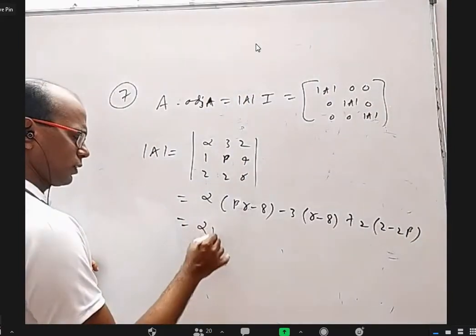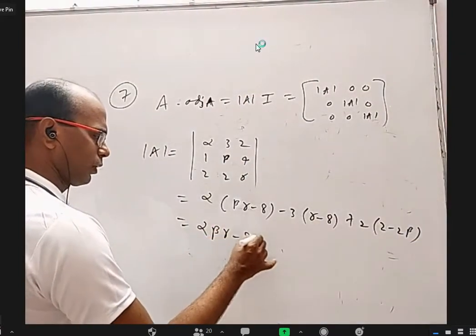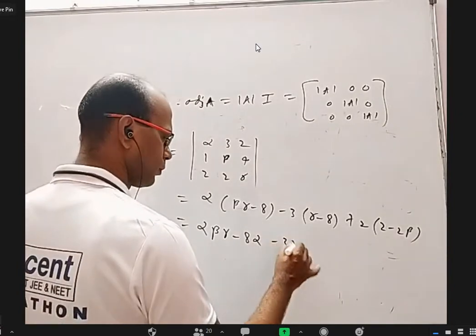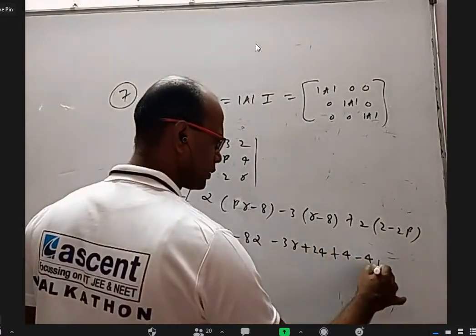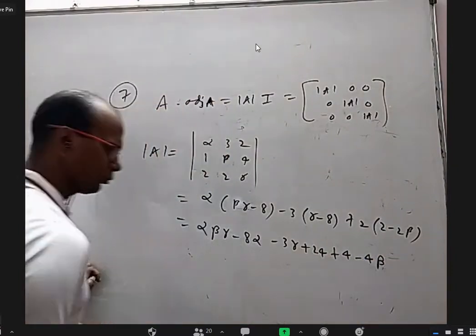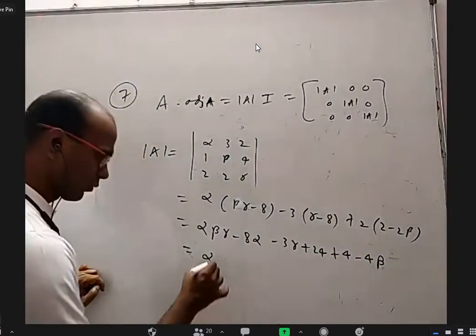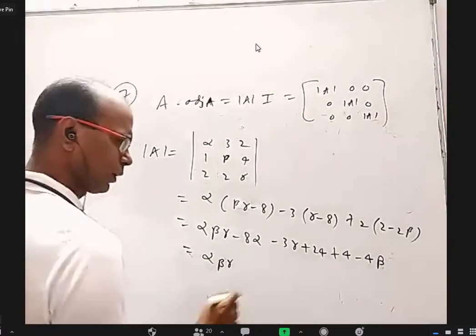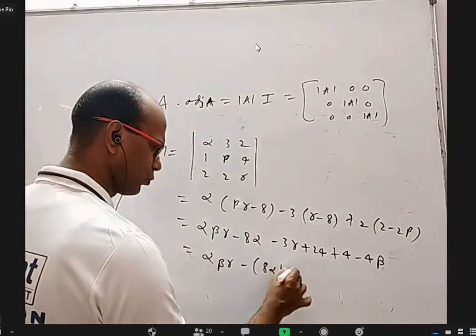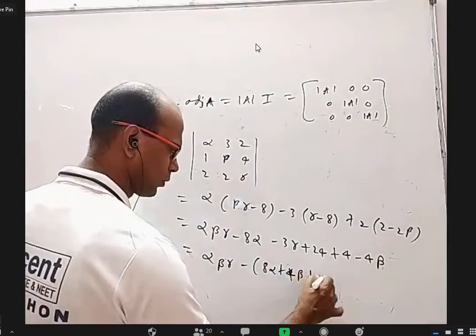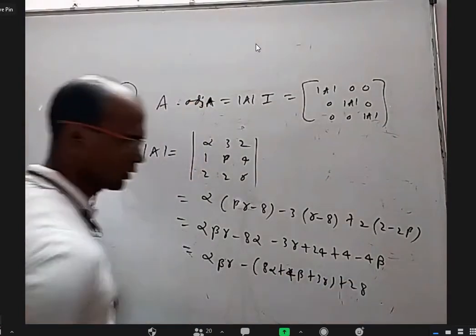So I'll get alpha beta gamma minus 8 alpha minus 3 gamma plus 24 plus 4 minus 4 beta. So this is alpha beta gamma, and from these three, if I take minus common, 8 alpha plus 4 beta plus 3 gamma, plus 28.